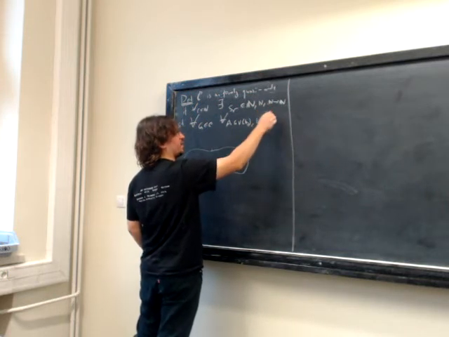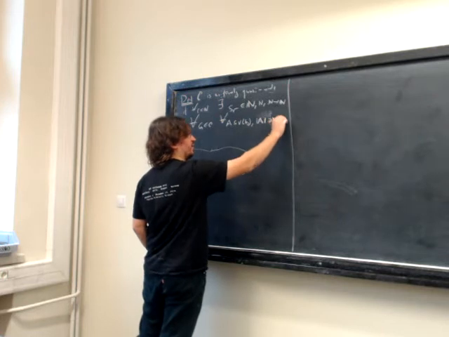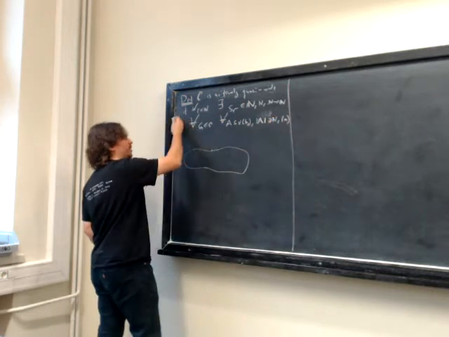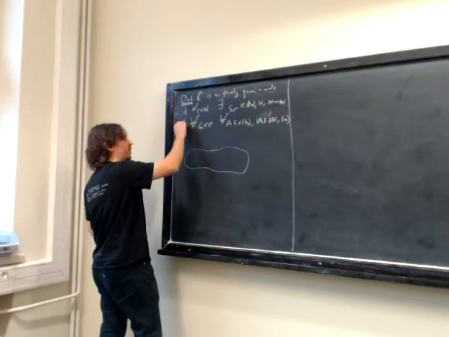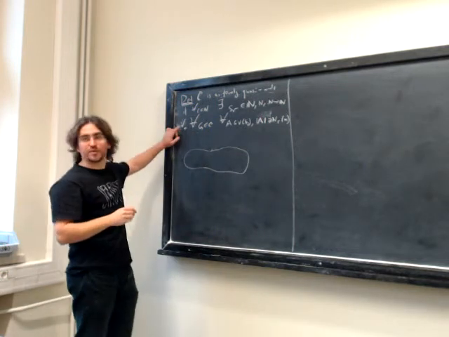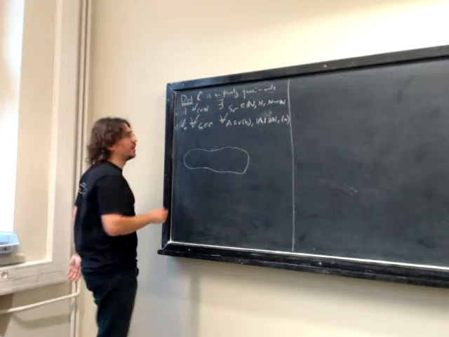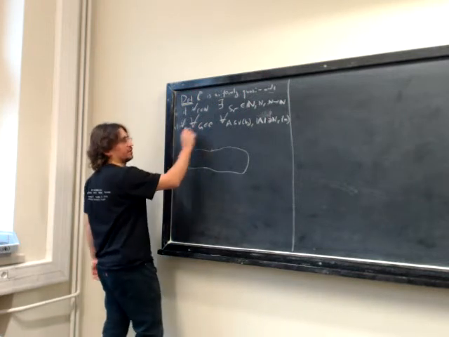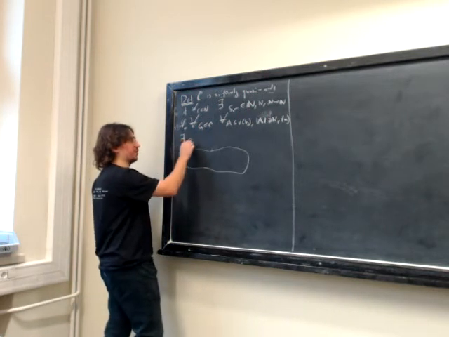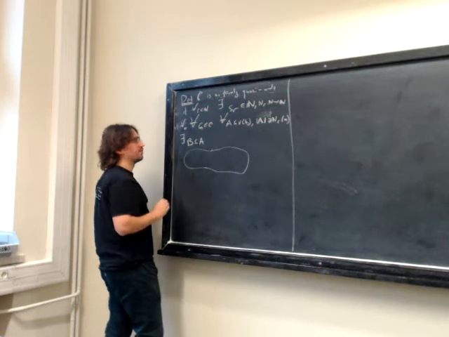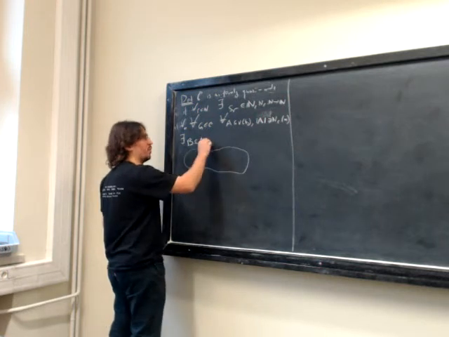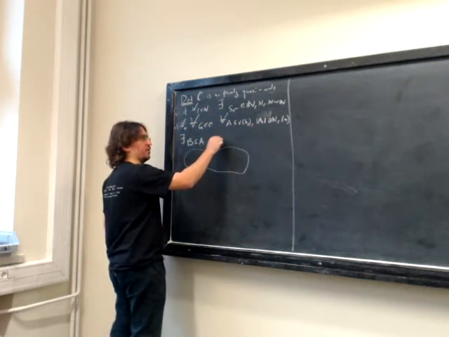of size at least N_r of m, where m is also some parameter. So this is the number of vertices that I wish to find that are far from each other. There exists a subset of A called B, which is large in the sense of size at least m.